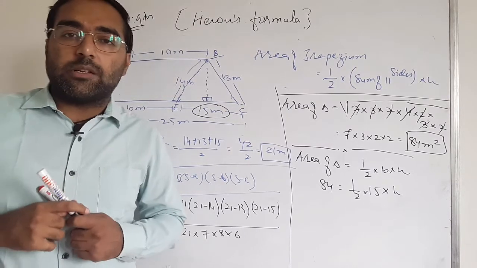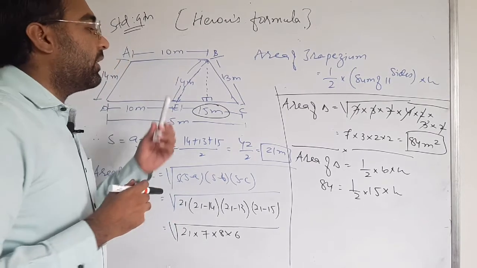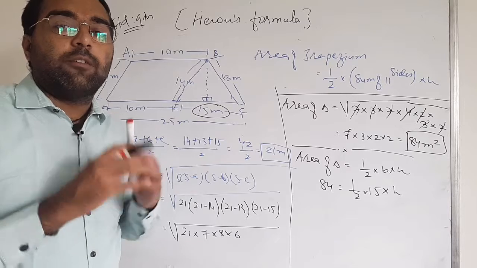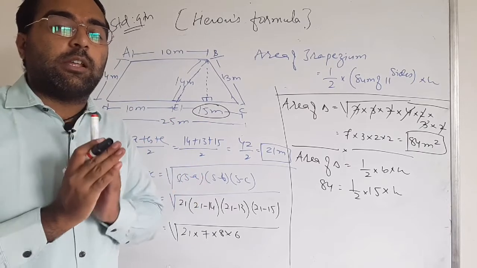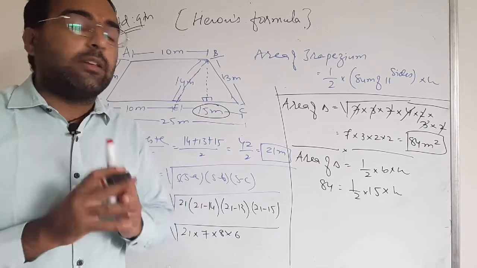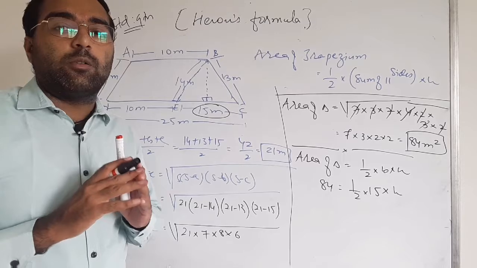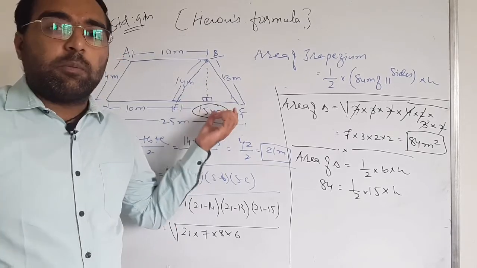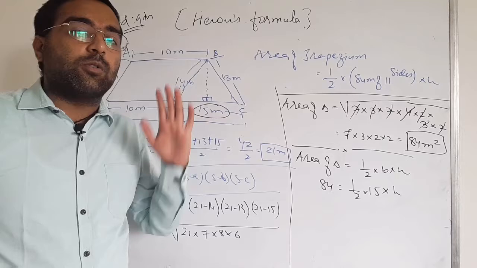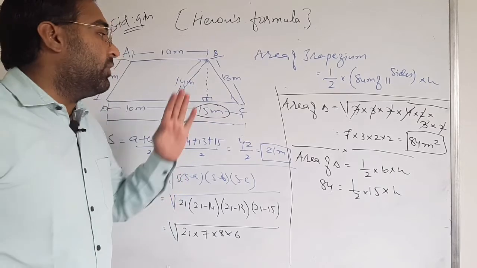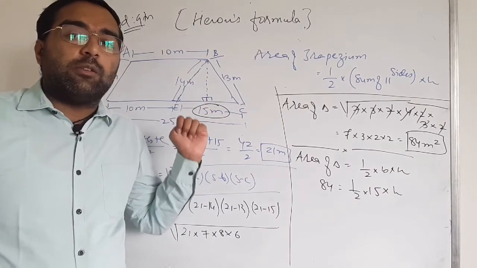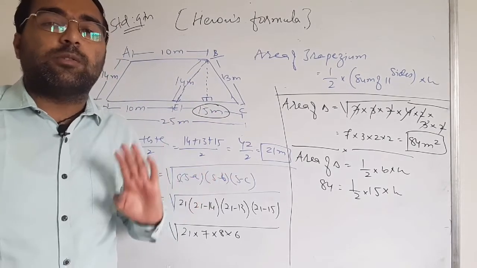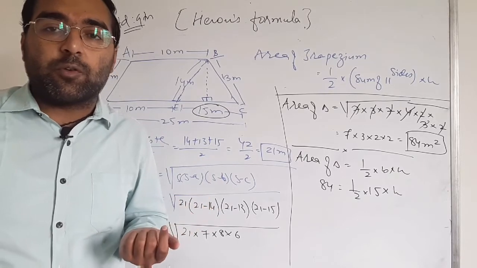Here students, please understand that whenever we find the area of a triangle using different formulas, the area must always be equal, using any kind of formula. Using Heron's formula, you find the area of this triangle as 84. If you find the area of this triangle using half base into height, then also it will be equal to 84.